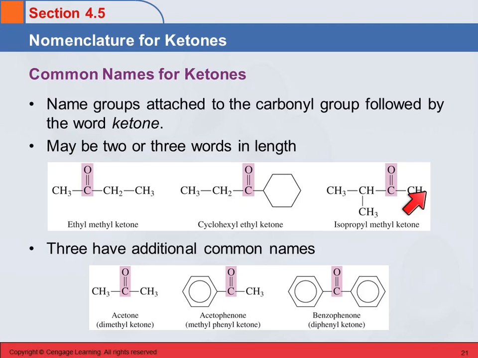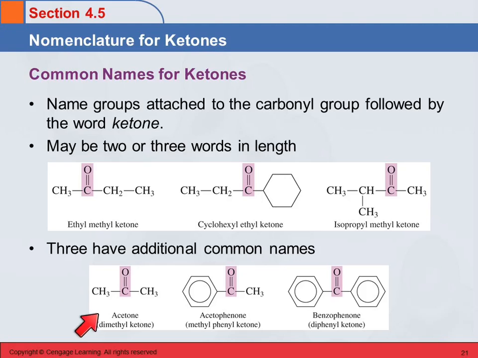Here's one, we got a methyl group and an isopropyl group. Isopropyl methyl ketone. Then there are 3 that have extra special names. And so these ketones, a lot of them are going to be 3 words. Some of them may be 2. If you had the same group, you could call this dimethyl ketone, like this guy down here, dimethyl ketone. But this guy is so special that he's got his own name. It's called acetone.